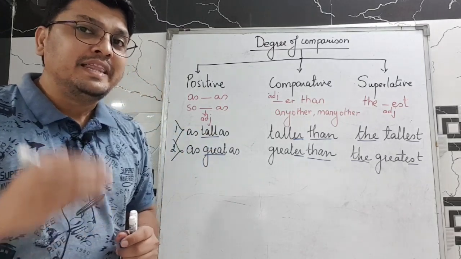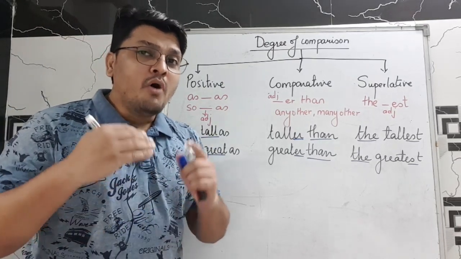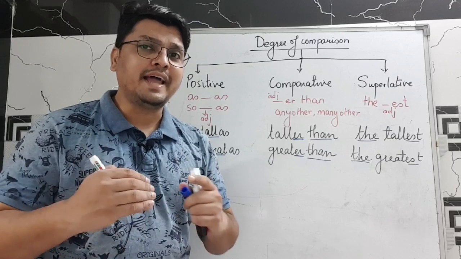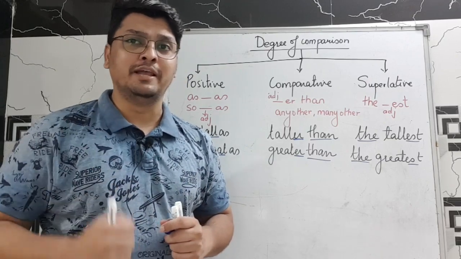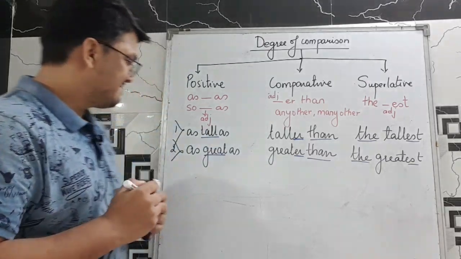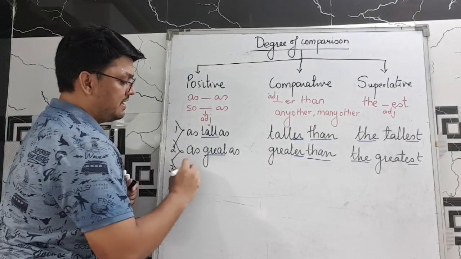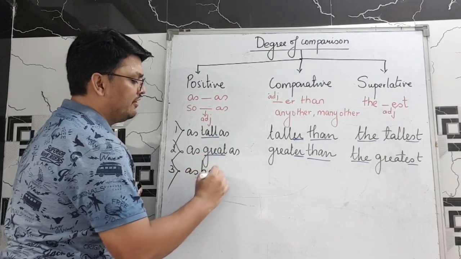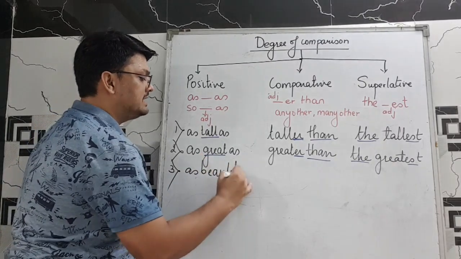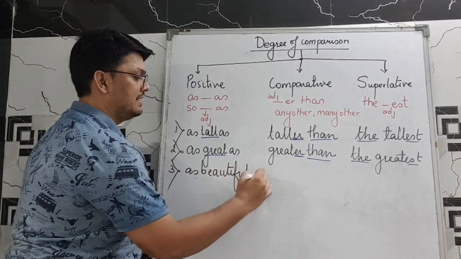But students, there are more adjectives that have two or more syllables, like the third sentence, as beautiful as.